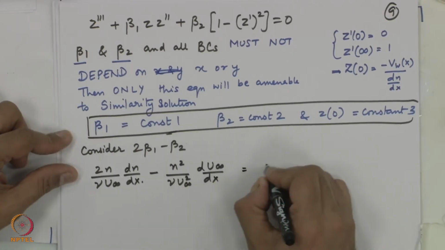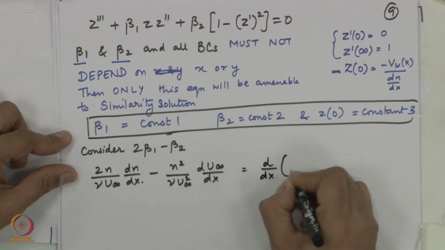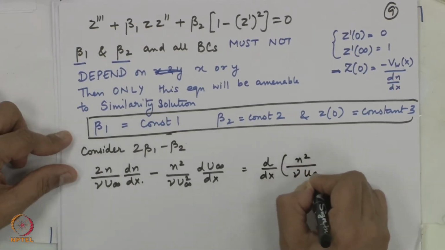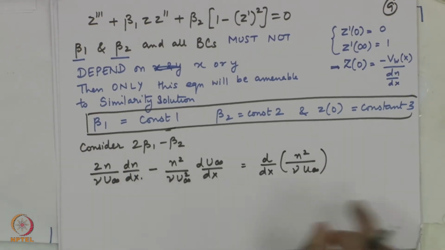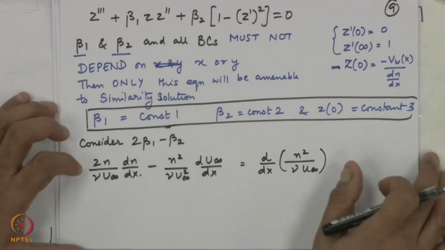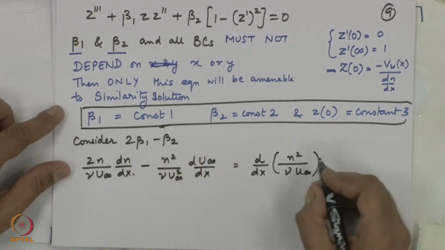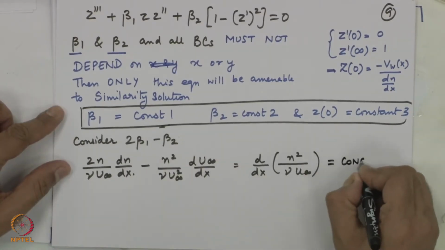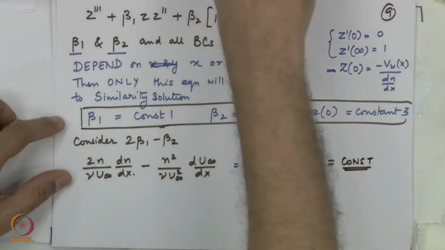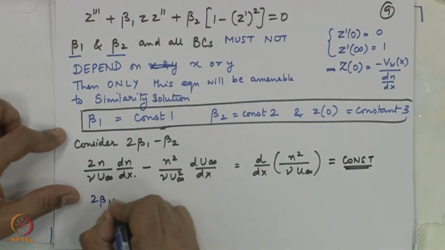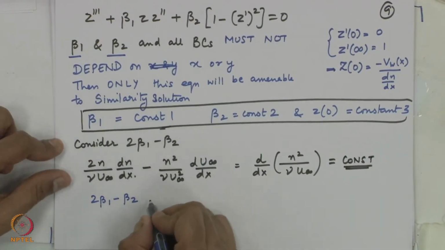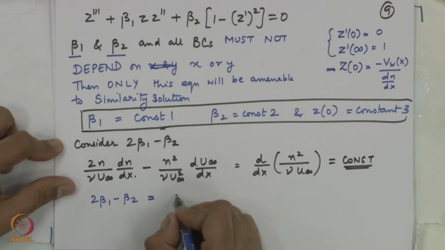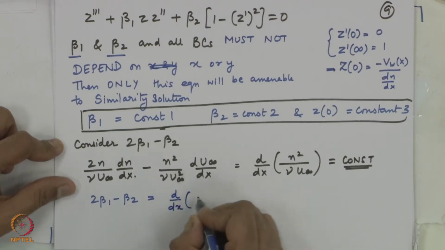If you expand the bracket and look closely, you will see this. Beta 1 had to be a constant, beta 2 had to be a constant, so this whole thing has to be a constant. So, 2 beta 1 minus beta 2 is nothing but d by dx of n squared by nu u infinity.